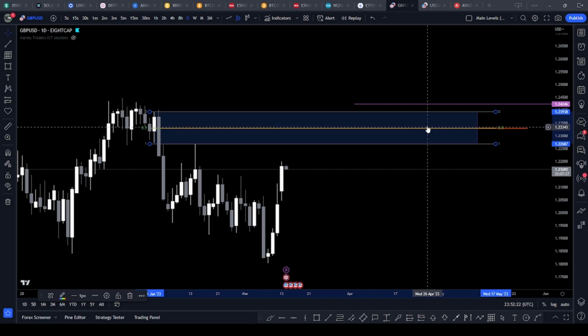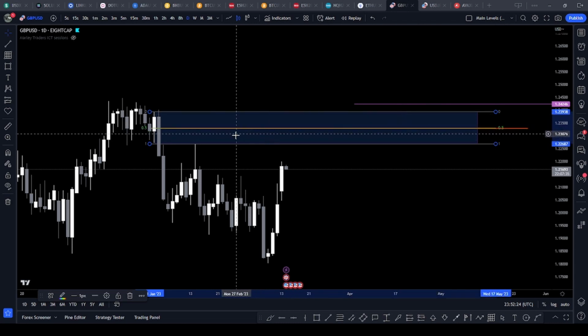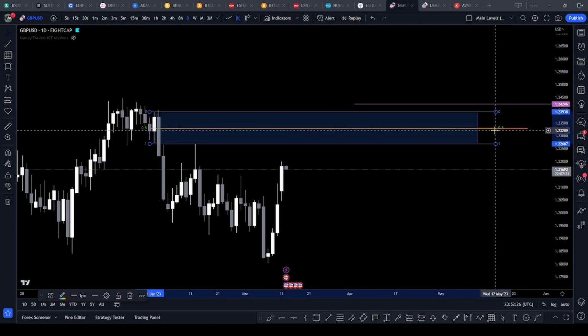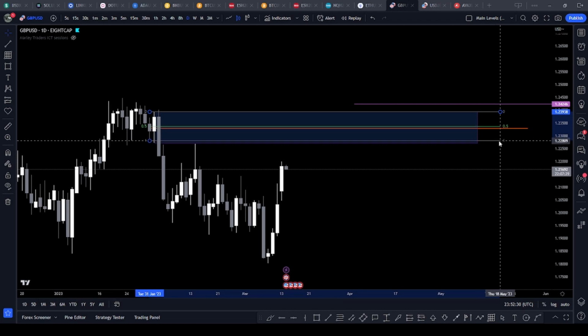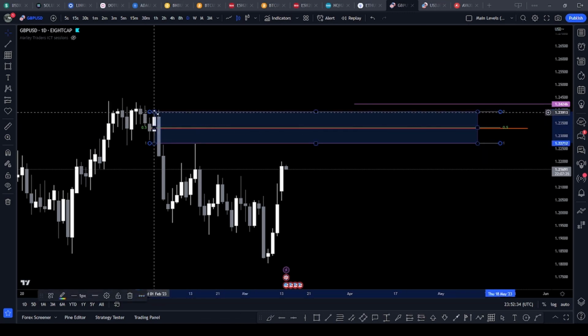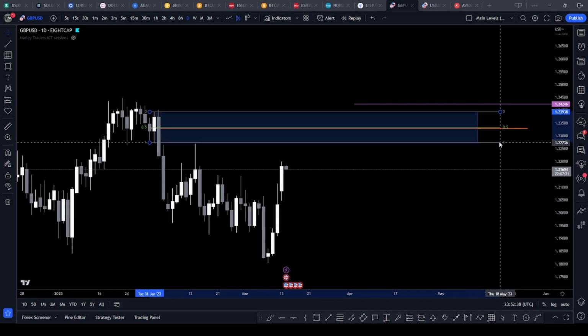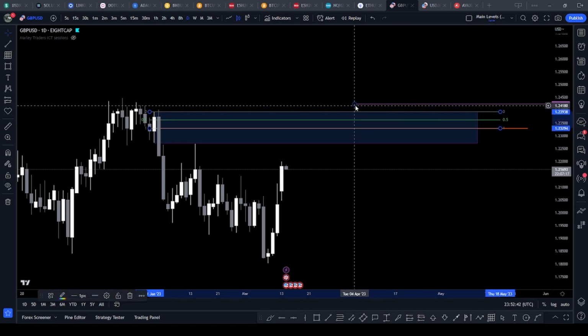But at the same time, there are other levels within this level. So inside this entire order block, which is made up of the wicks and the body, within here, the upper part, you have to measure half of it.